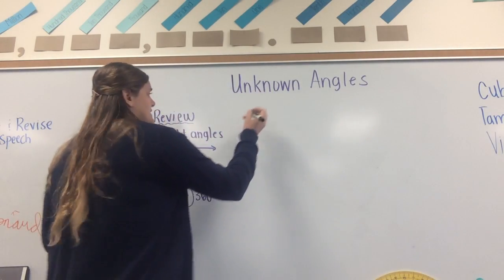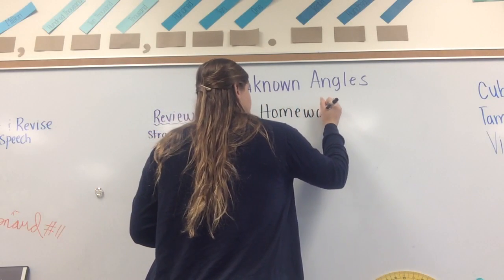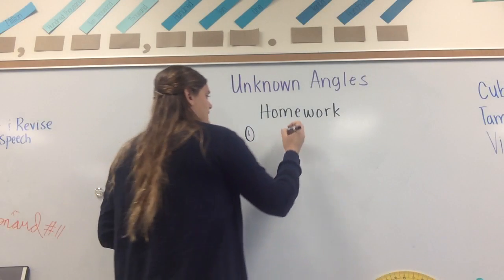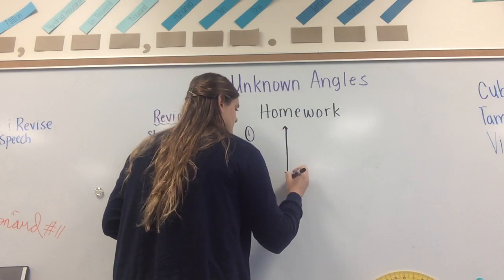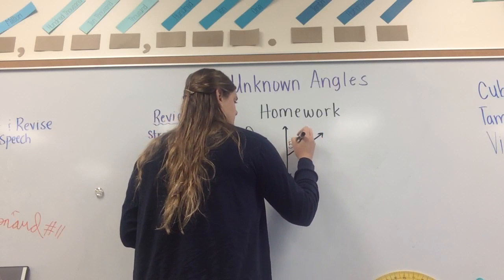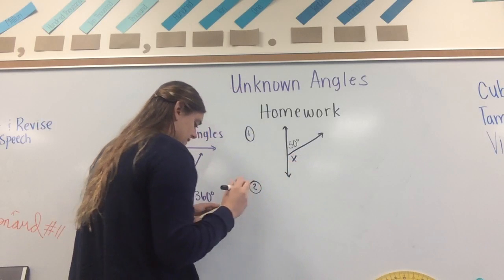So for your homework tonight, I'd like for you to try these two problems. The first one is this. This is 50 degrees. We're trying to figure out that measure. And then we have this one.